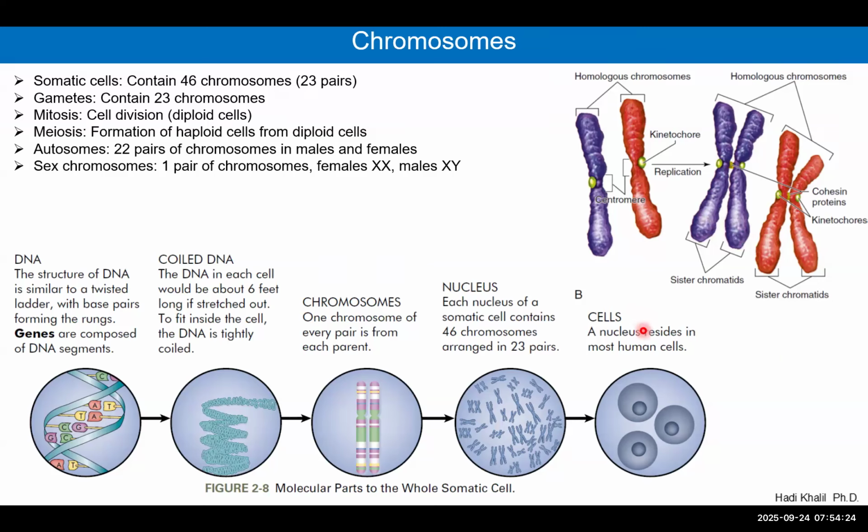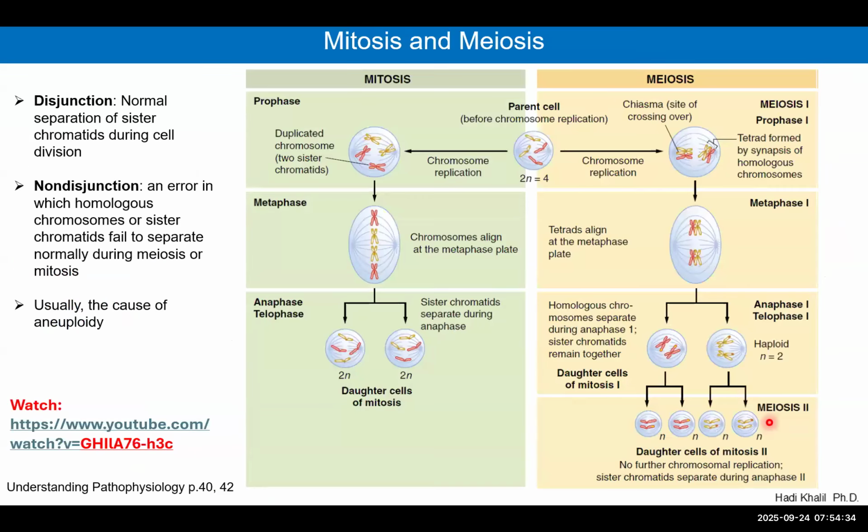If both of them went to one cell, automatically that cell has one chromosome more and the other daughter cell has one chromosome less. Okay, so this would cause what we call aneuploidy, which means the number of chromosomes in that cell is not 46, as it should be in a human. And this causes, of course, genetic diseases.